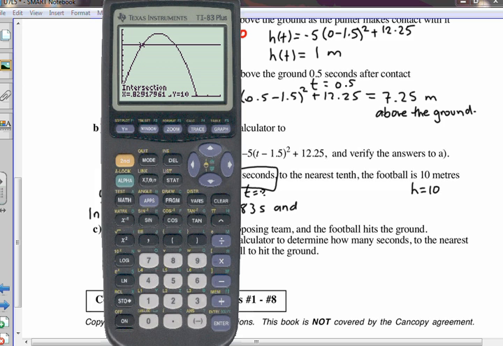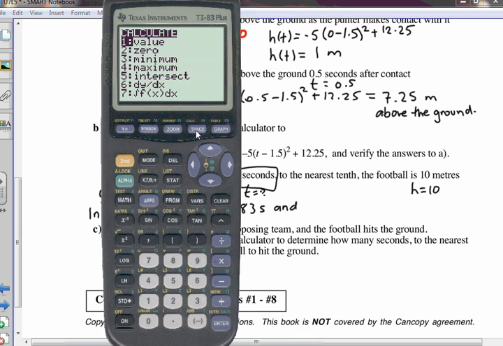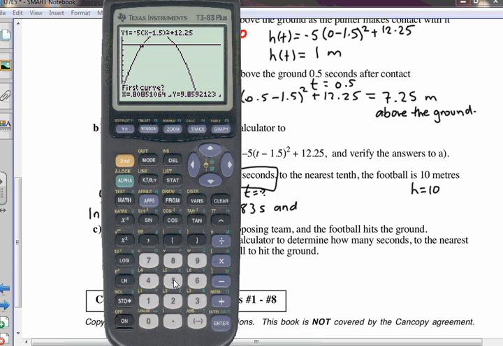What would you push? Second, trace, 5, then what? Scroll to that side. Enter, enter, enter.